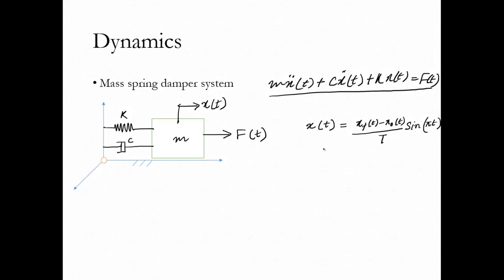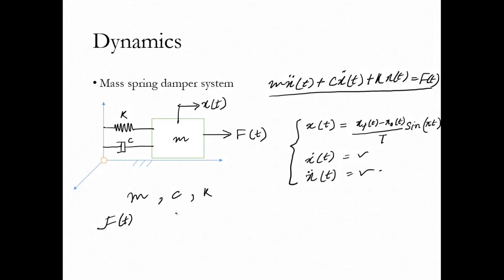Because this is a function of time, we can always find the velocity profile, and then we can also find the acceleration profile. So for a given mass m and given spring and damper coefficients c and k, we can estimate the force required to move the spring mass system with a trajectory like this.